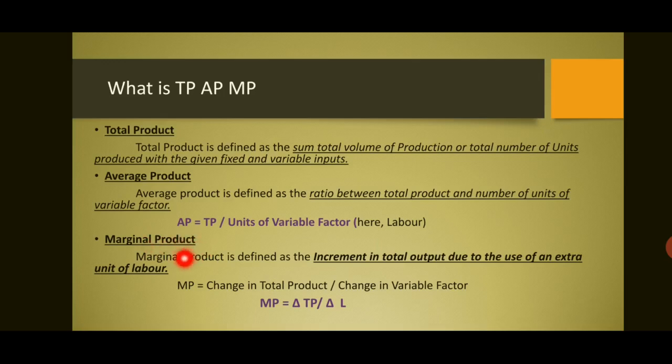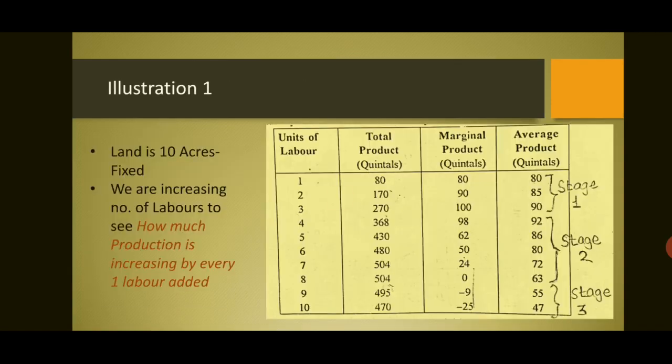Then marginal product. Marginal product is defined as increment in total output. How much total output increased, by what percentage, at what rate, due to the use of an extra unit of labor. For example, as soon as we have added one more labor, we got a 90 quintal hike in our total product.